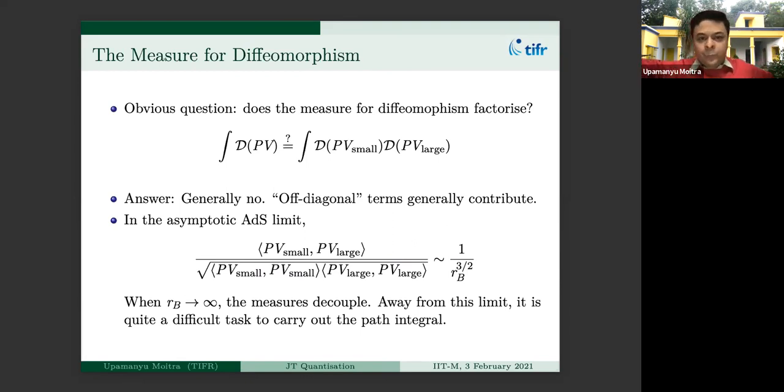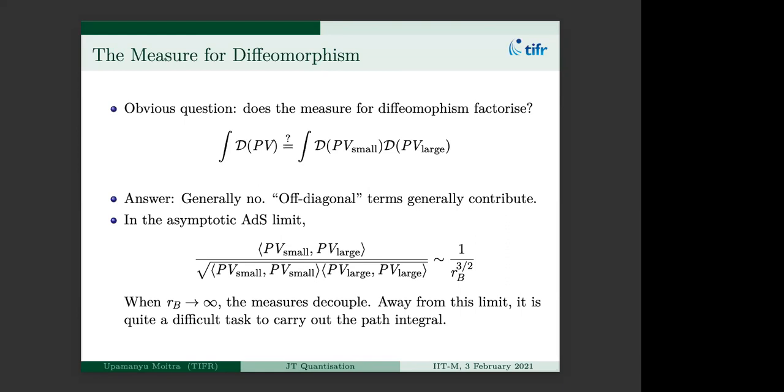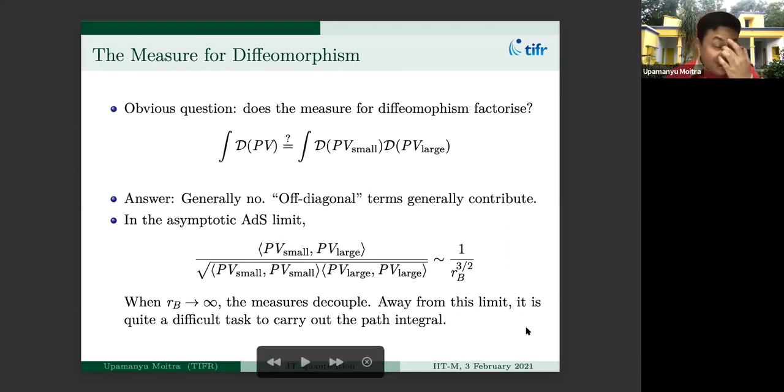In other words, for a fixed mode number, taking the asymptotic radius limit gives us simply the Schwarzian. But if we do it the other way, we would have to keep arbitrarily high powers of the derivative to make sense. RB is the location of the boundary, which is 1 over epsilon in the language of the cutoff that I had introduced previously. Is that okay?